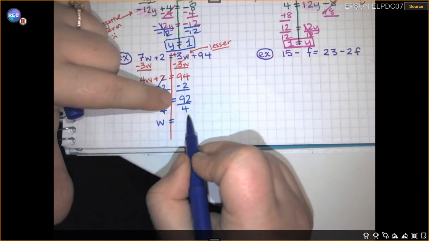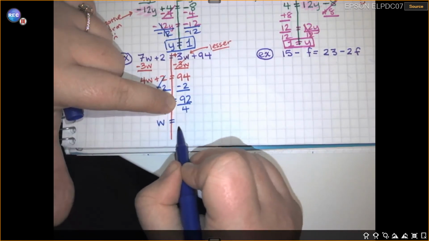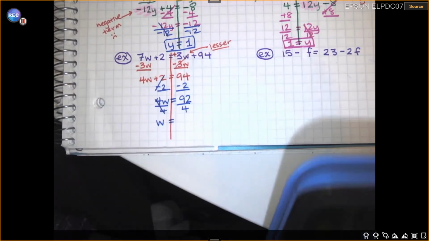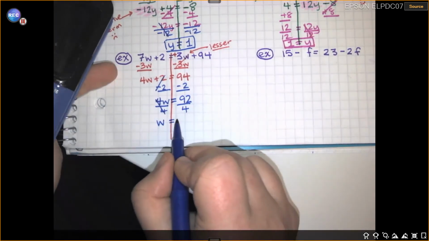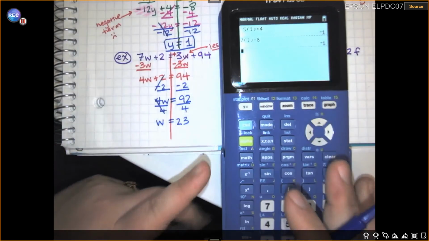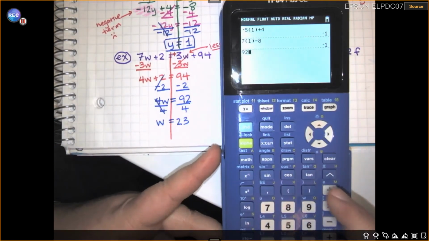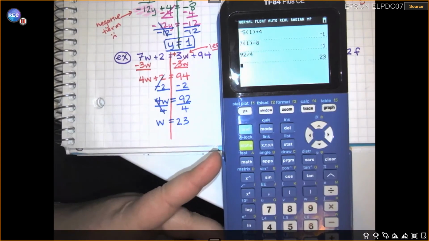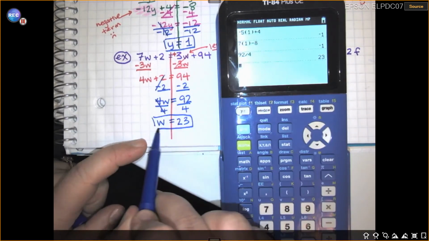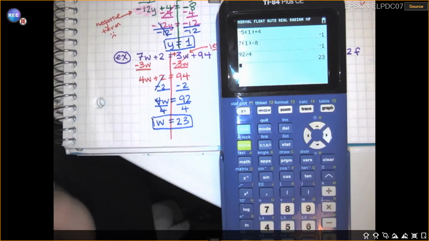W equals, this might not actually be a whole number, is it? Yeah, it is. Is it 23? Okay, double check. I'm going to do 92 divided by 4. Yeah, 23.